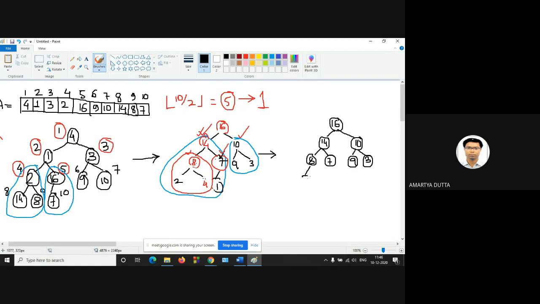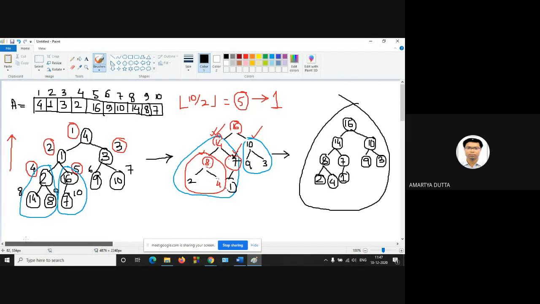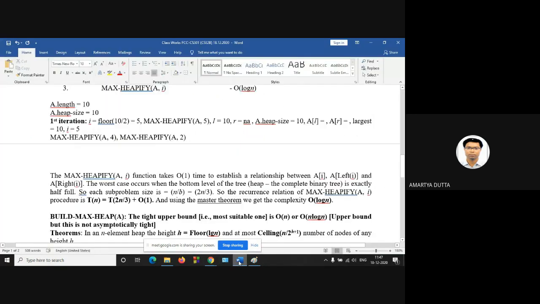From 8 we are getting 2 and 4, and this will be 1. Okay. So this is the heap structure, and from the given array, using the max heapify function, we can construct the build heap procedure. Any queries?